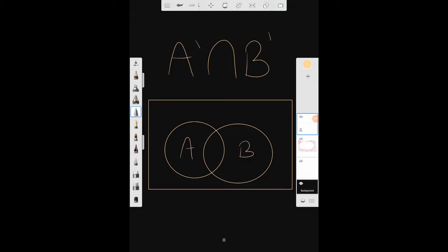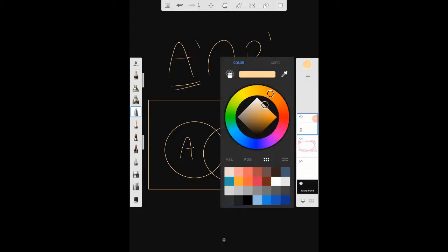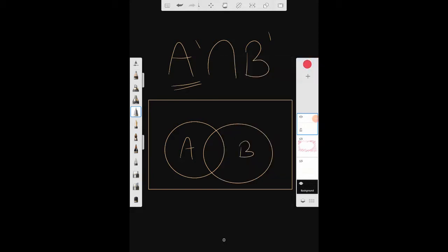So let us go step by step to begin this. First the thing is A complement. Let me shade, I will use the red again for that. So what is A complement?